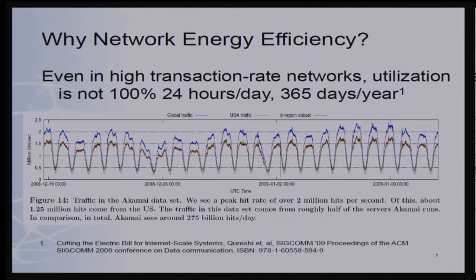And the point here is simply that networks are not full-on 24/7, 365; there are some valleys in those utilization charts, and each of those valleys represents an opportunity to save energy. Even in this particular case, an Akamai data set, a high transaction rate network, there were valleys, and each of those is an opportunity to save energy.